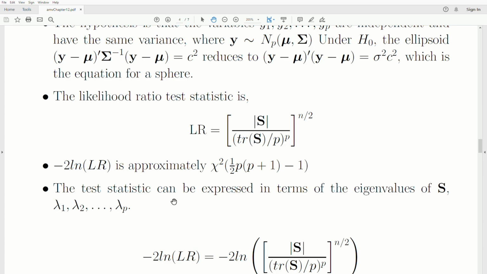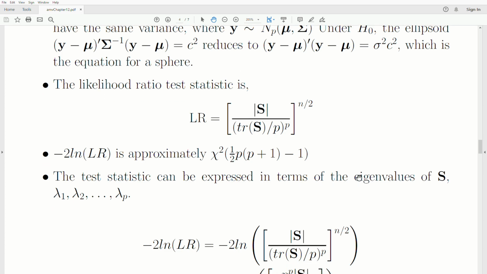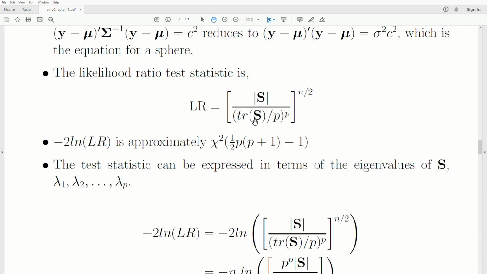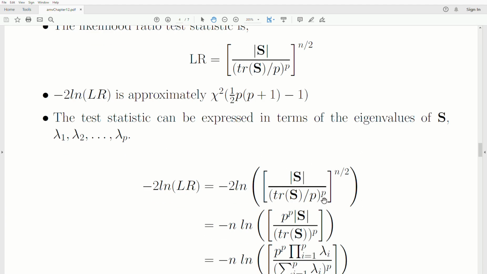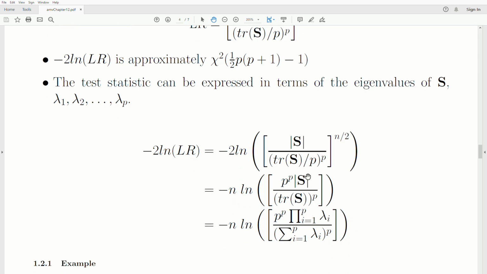Now the test statistic can be expressed in terms of the eigenvalues of S. And so here's our test, the likelihood ratio test, and then we'll derive this and then we'll jump right into R and do a couple examples. So -2 log likelihood ratio is this. Well, the p raised to the p we bring to the numerator, and then we're left with this.